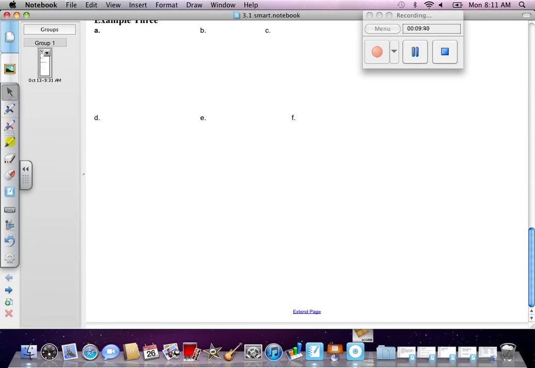All right, so we're looking at some of these division ones. Okay, we've got E and F. I don't know why it's E and F, but it is. Y over 3 equals negative 7.